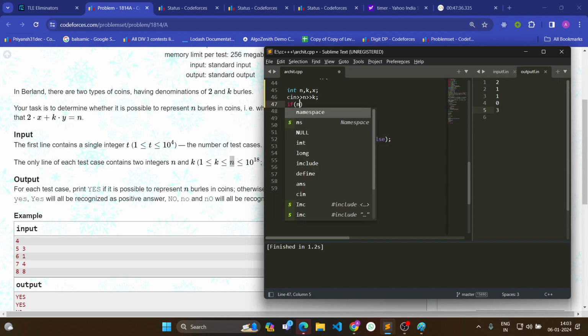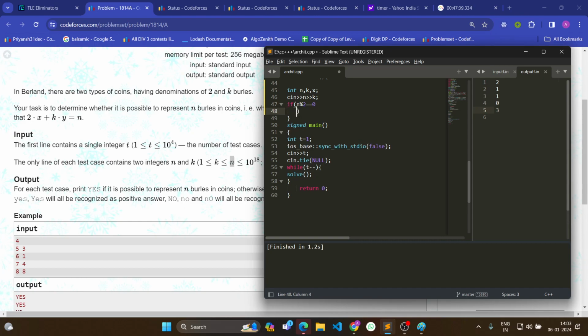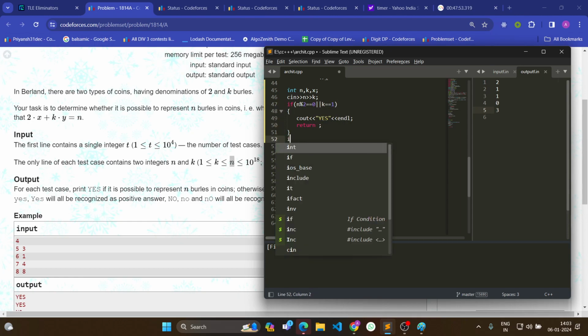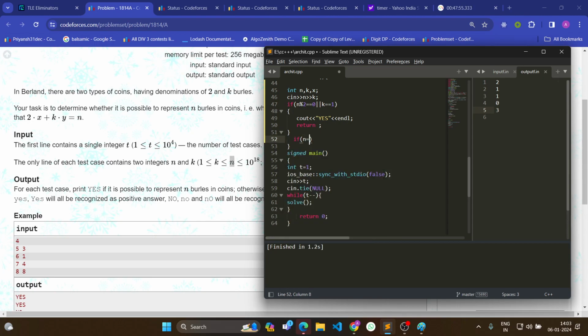Now, if n mod 2 is equal to 0, the answer is always yes, or k is equal to 1, the answer is always true. Otherwise, if n is equal to 1 and k is not 1, then the answer is always no, because it is minimum. So k will always be less than or equal to n.